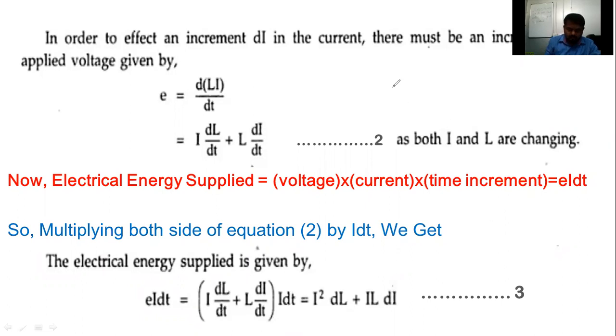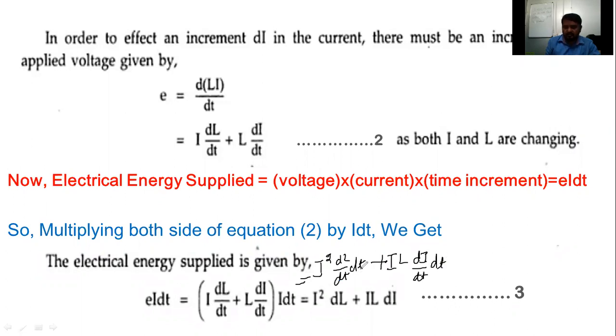So this one, I will write here now: I square dl by dt into dt, plus L I is nothing but I L di by dt into dt.